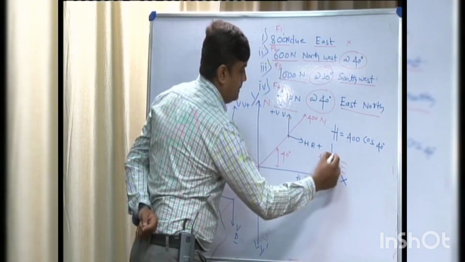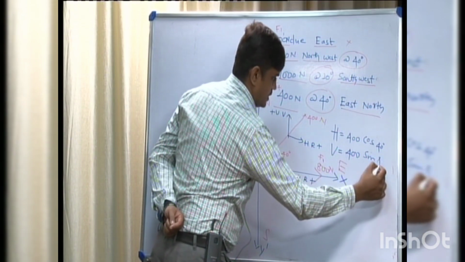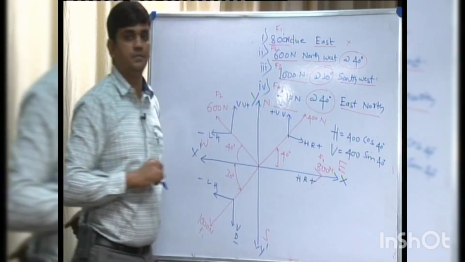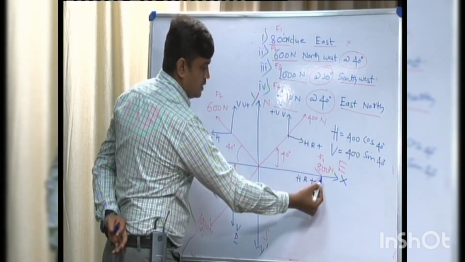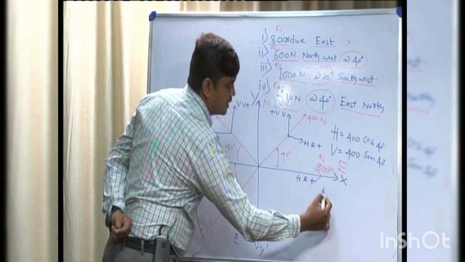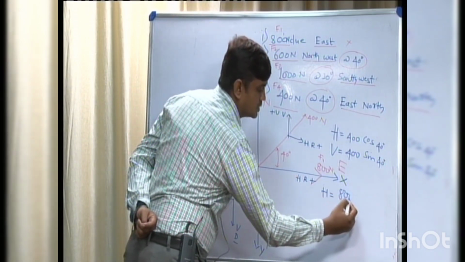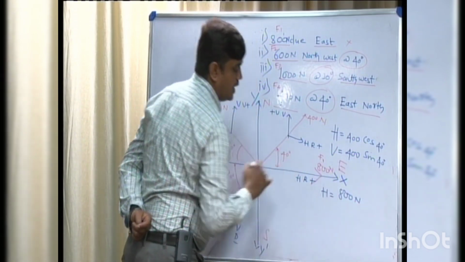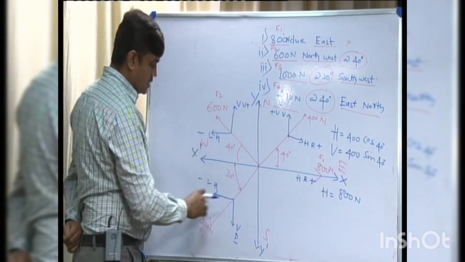Vertical 400 sin 40 degree. Now come to this horizontal, no angle, right, only the force. Since there is no angle, it is only 800. There is no vertical in that. You cannot resolve that.